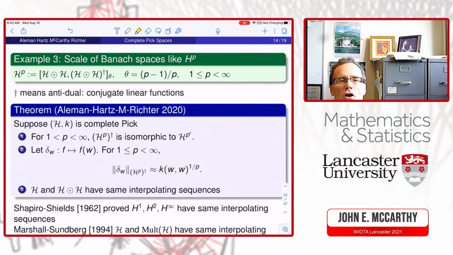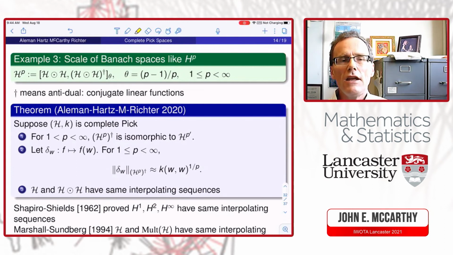So Calderon's interpolation method says if I take any two Banach spaces with a dense intersection, I have a scale joining one to the other. And this is an analog of the LP scale. That was where it first arose.